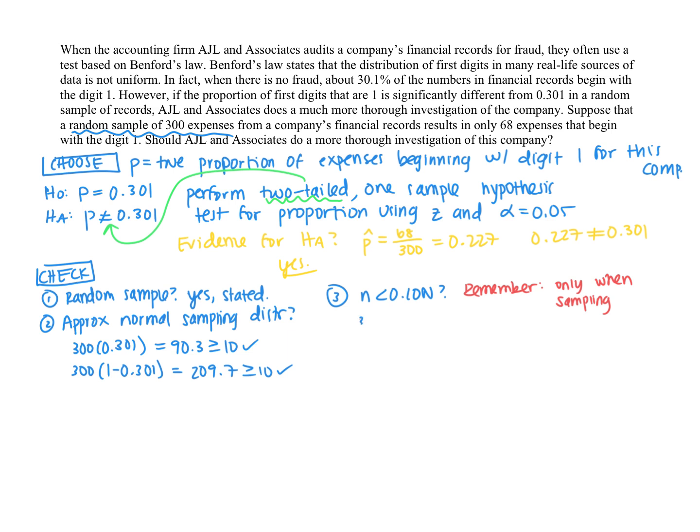Our sample size is 300, which means our big N has to be larger than 3,000. Now, I don't know if that's true. I know nothing about this company. So I'm going to say I assume there are more than 3,000 expenses at this company.